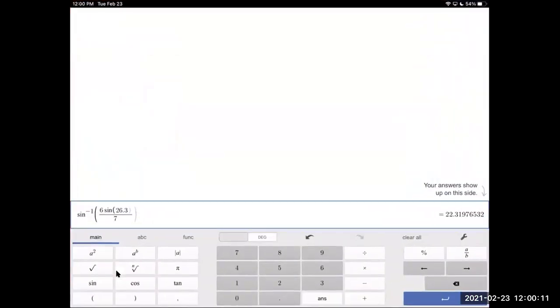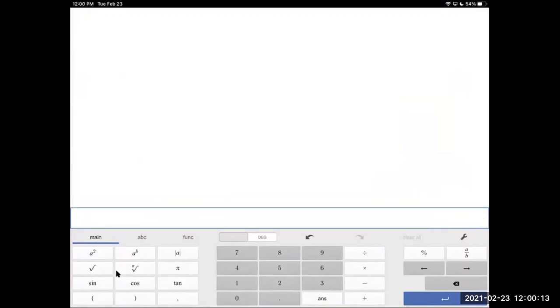Let's round to the nearest 10th on that. Okay, so you're going to hit square root, and then you'll enter in a squared or 9 squared. The squared button, by the way, makes it a little bit faster, plus 11 squared minus 2 times 9 times 11.